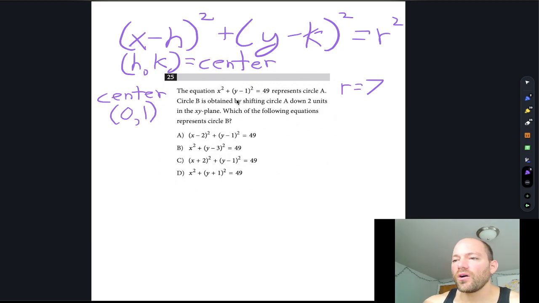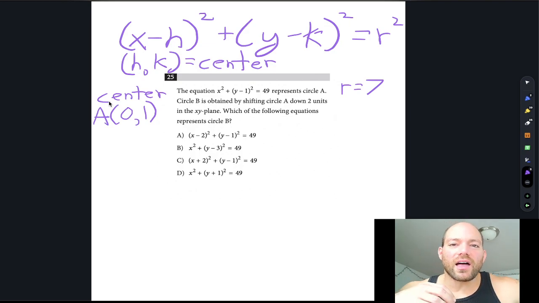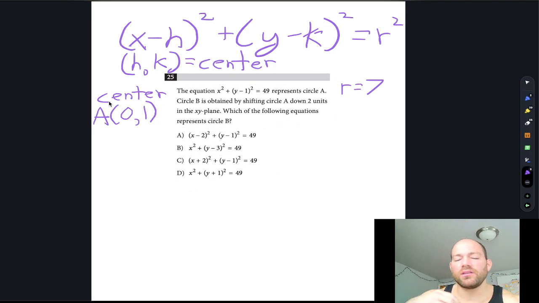Circle B is obtained by shifting circle A down 2 units in the xy plane. Which of the following equations represents circle B? Okay, so this is the center of A. Now let's talk about circle B. First of all, shifting something up or down is only going to affect the y part of the equation, right?